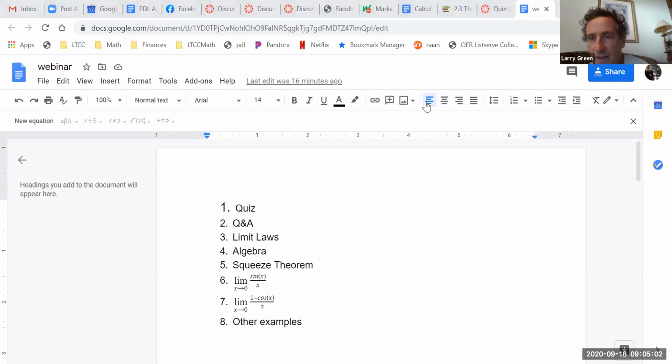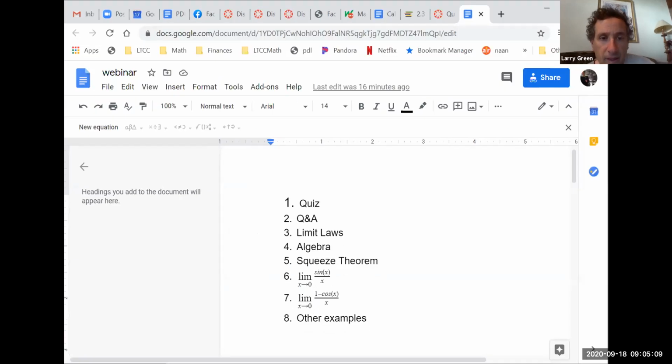Okay, so what we've already seen is that visually, you could look at a graph. Hopefully you were able to do that in the quiz and get a good feel for what the limit is, just by looking from the left and right.